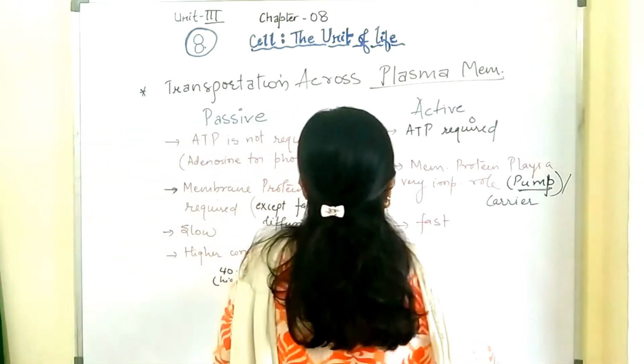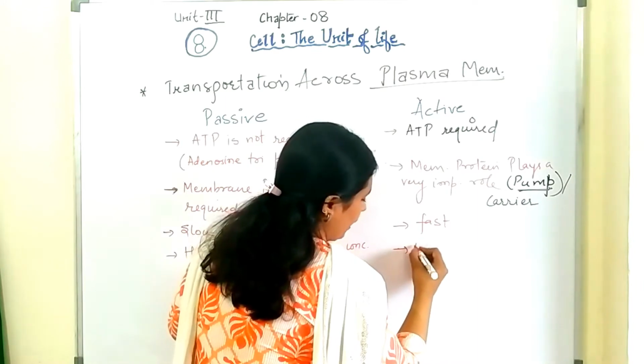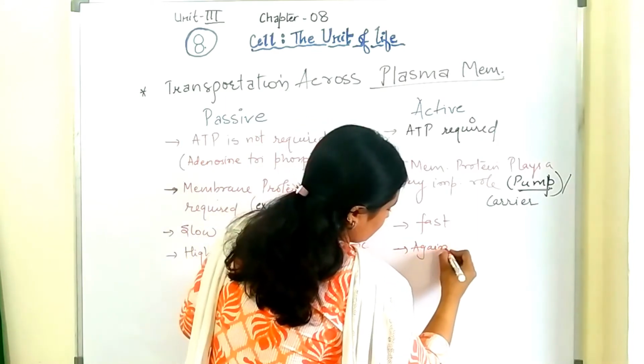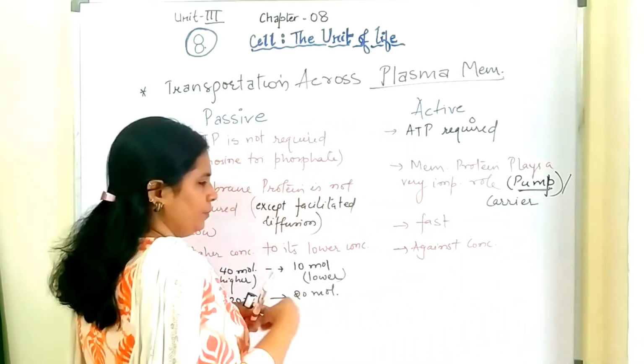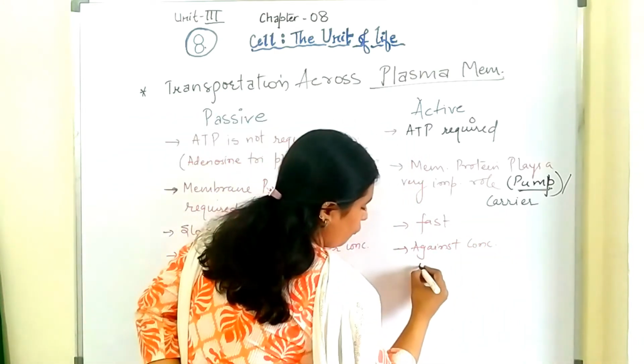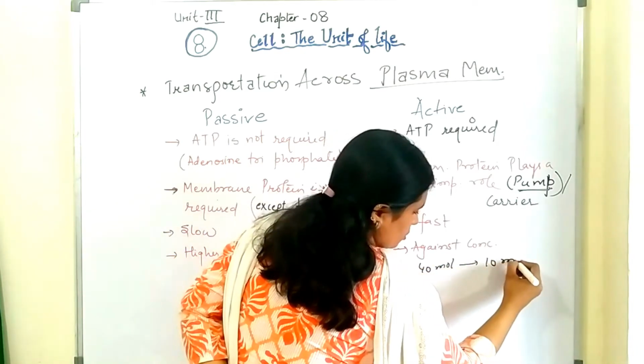Here it is against the concentration. It means suppose 40 molecules are here and 10 molecules here.